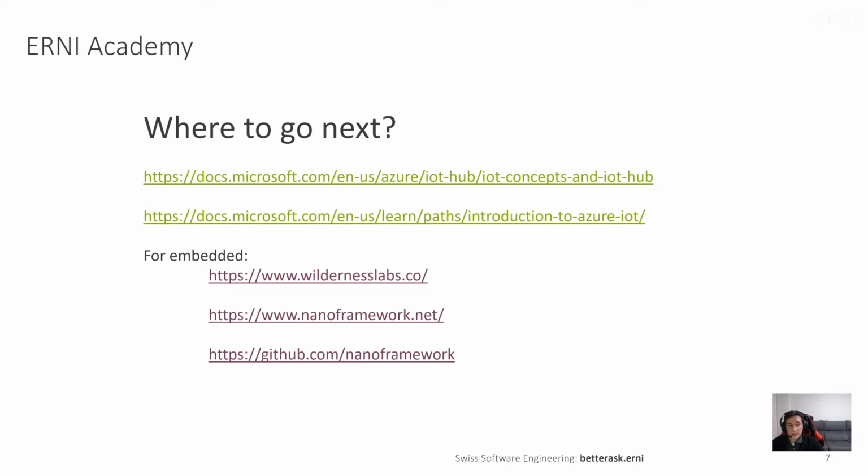A little recap at the end: what we saw today is how we can create an IoT hub, and how we can create a device in this IoT hub. Whether we use a real device, a simulated device, or an application, we can use the different packages available from Microsoft to connect to this IoT hub and send messages to it.